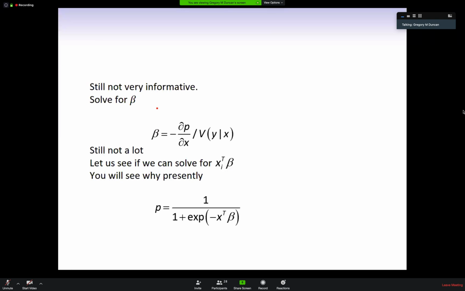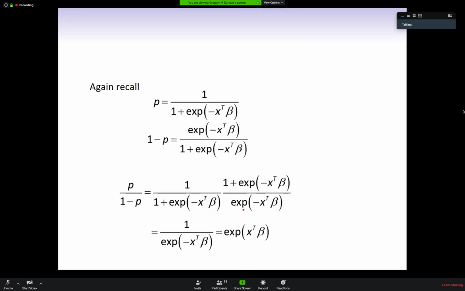Recall that P is 1 over 1 plus EXP, that stuff. The troublesome part of that is the denominator. Recall that P and 1 minus P have the same denominator.